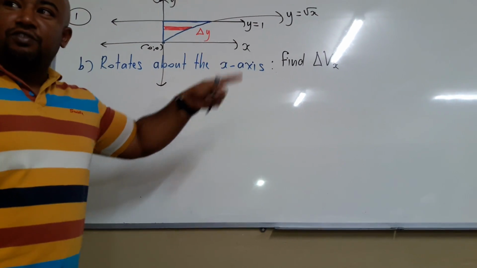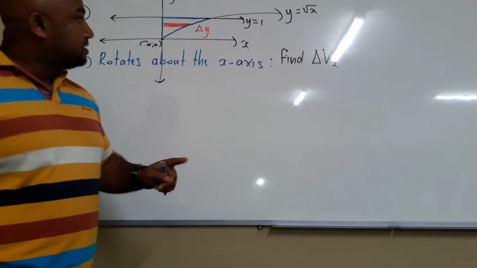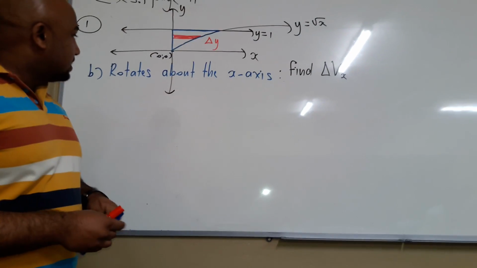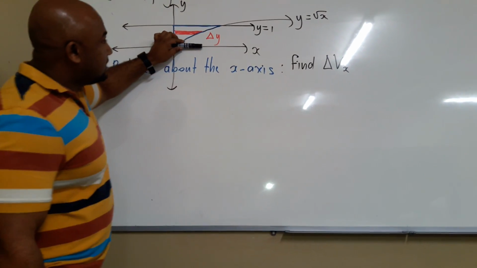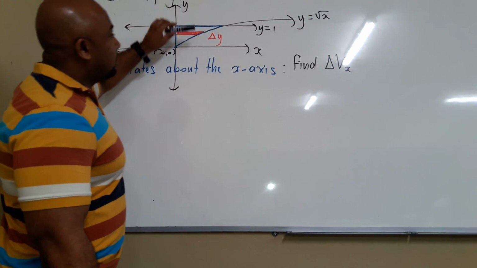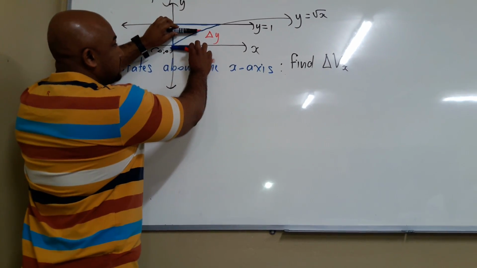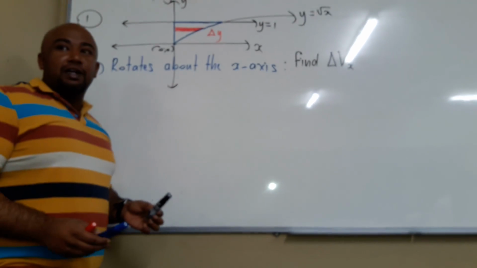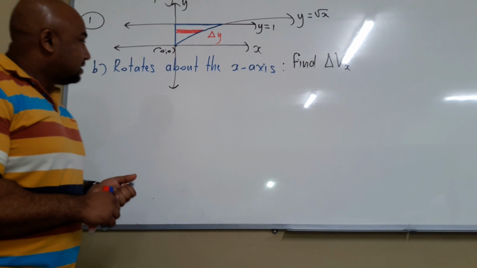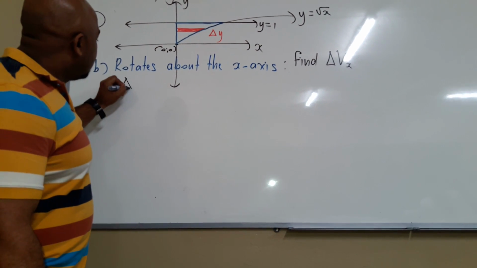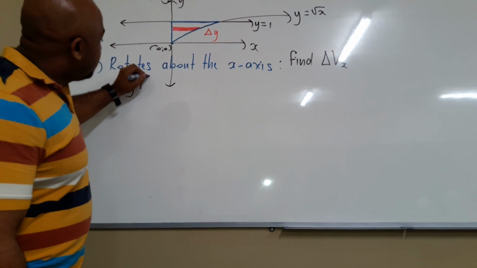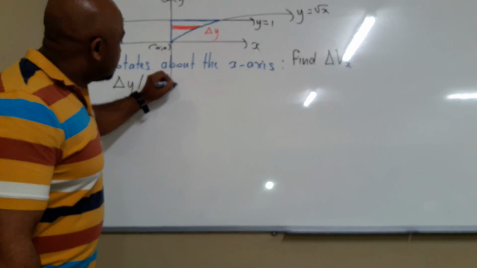That means the axis of rotation. The question states rotates about the x-axis. Here is the x-axis. How is delta y related? Is it perpendicular or parallel? It's parallel. So the first thing is we can write down that delta y is parallel to the reference axis.